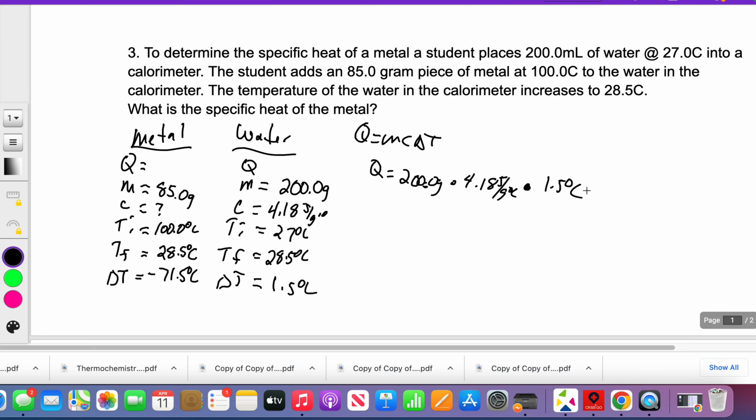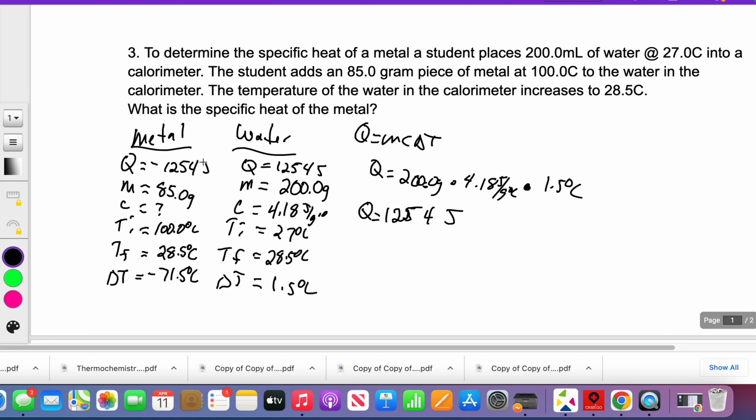If you do that math, 200 times 4.18 times 1.5, the water gained a positive 1,254 joules. Well, if the water gained 1,254 joules, that means the metal must have lost the same amount.